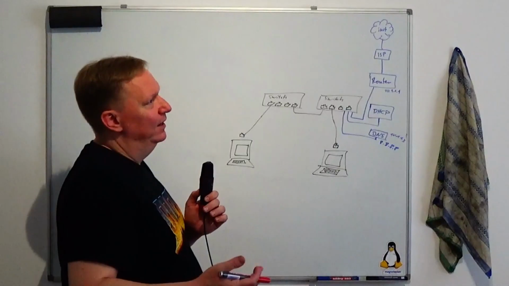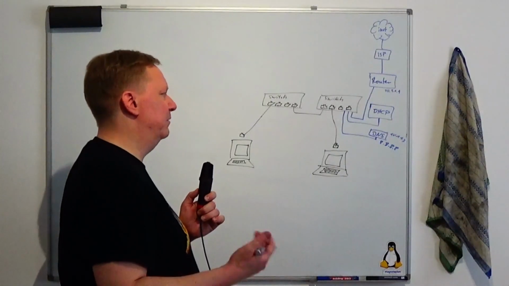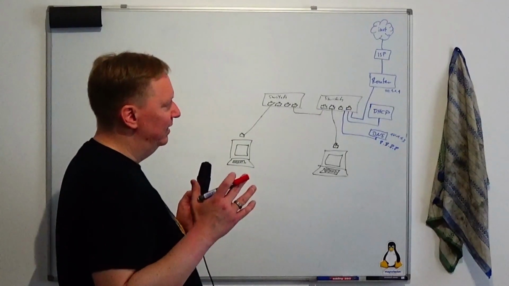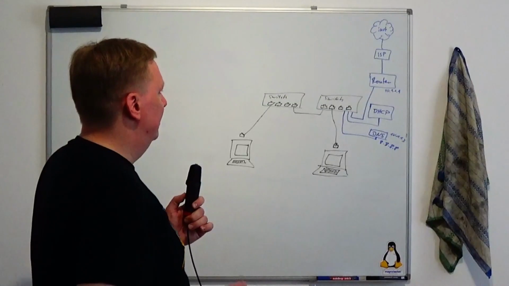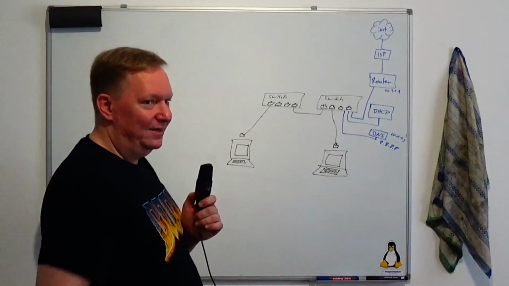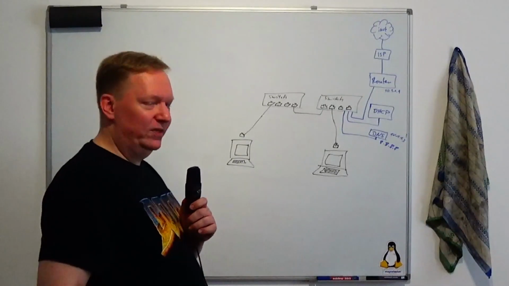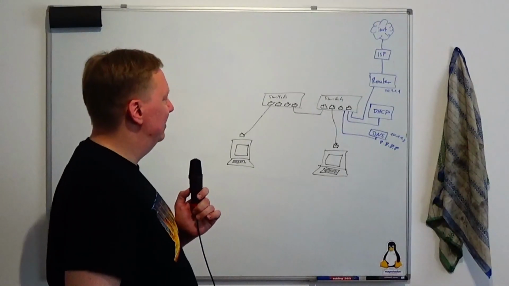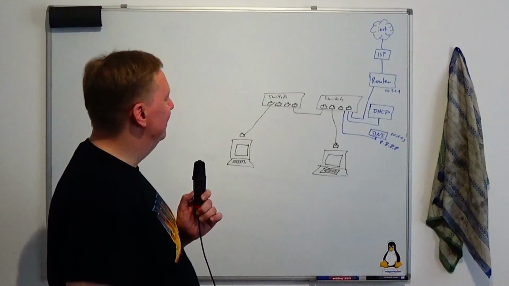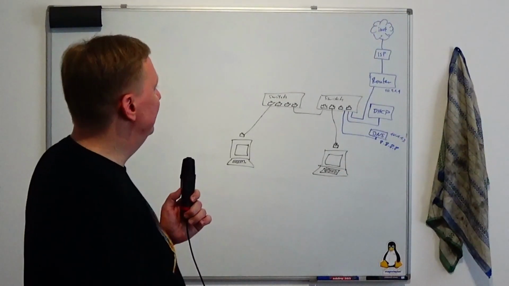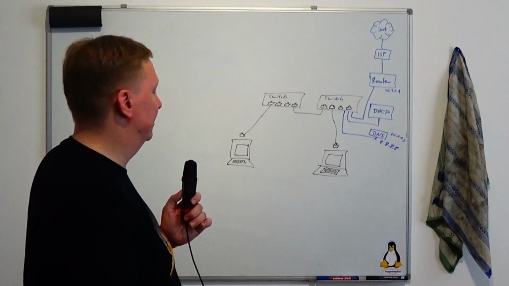With today's networks, they are really fast, so that isn't that much of a problem anymore. But still, I'm a minimalist, so if we can just remove some broadcast traffic, then that makes me happy.